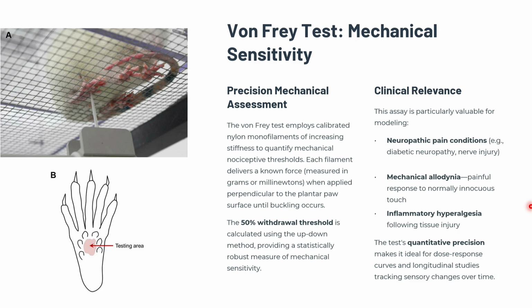Example, diabetic neuropathy, nerve injury, mechanical allodynia, which is a type of nerve pain, and the inflammatory hyperalgesia following tissue injury. The test's quantitative precision makes it ideal for dose response curves and longitudinal studies tracking sensory changes over time.